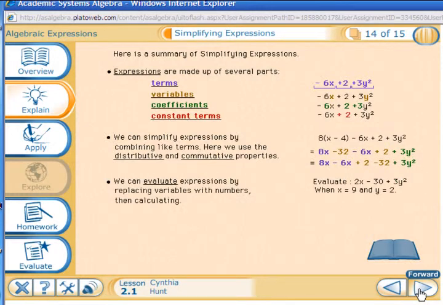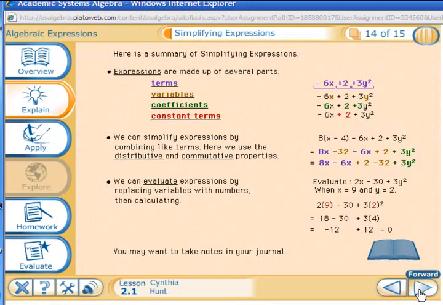We can evaluate expressions by replacing variables with numbers, then calculating. You may want to take notes in your journal.